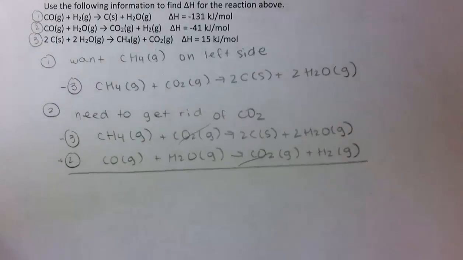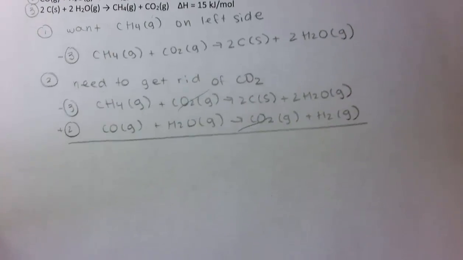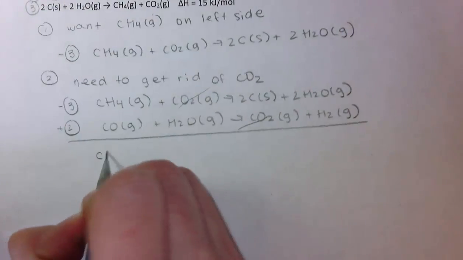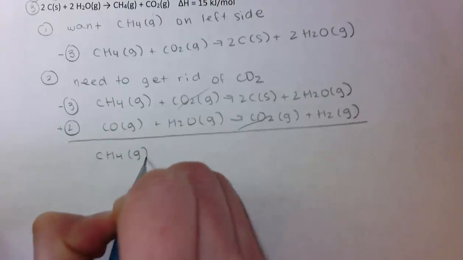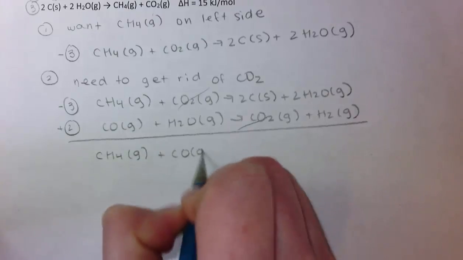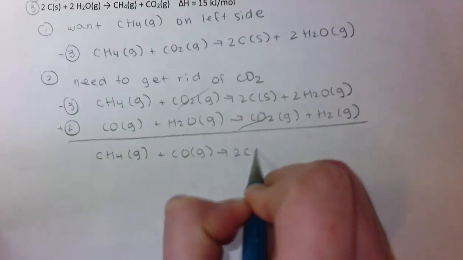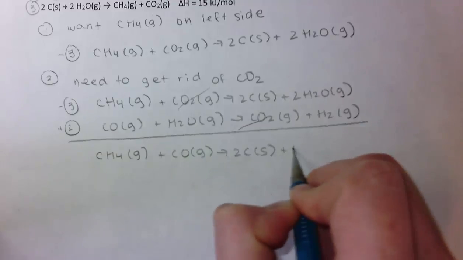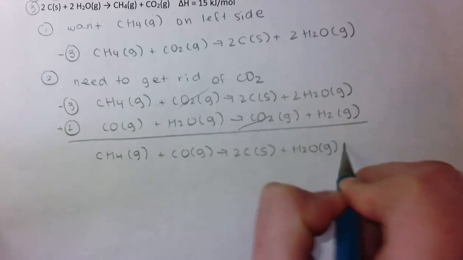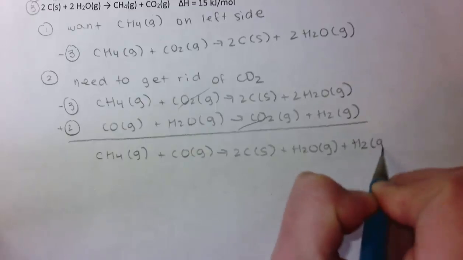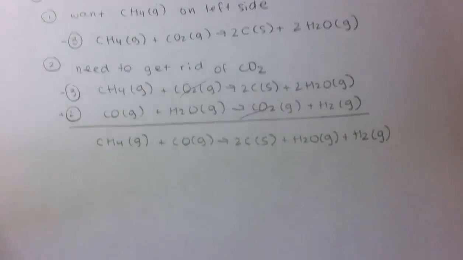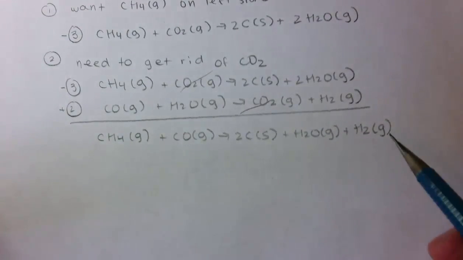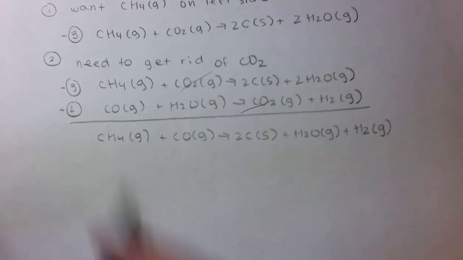We also have a water molecule that cancels, and our final equation is going to look like this. I'm going to compare this equation with the process I'm interested in.